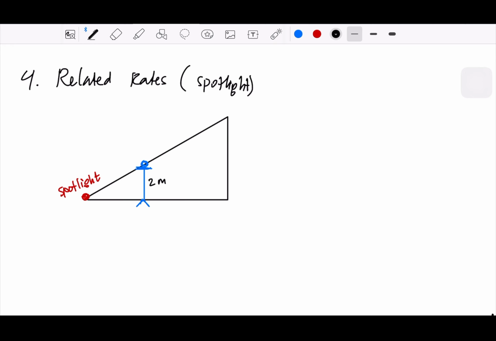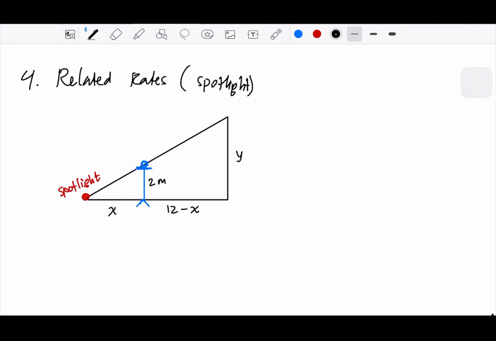We are not sure about the wall, but let's name the shadow y, and this one will be x, and this is 12 minus x. The question already gives this information. So when the spotlight goes through here, it will cast a shadow.